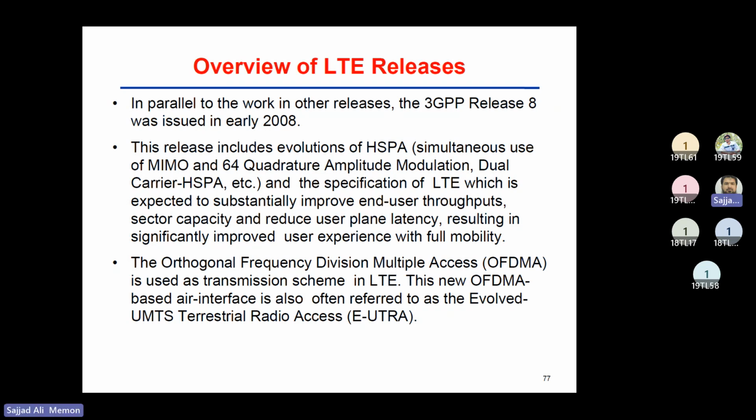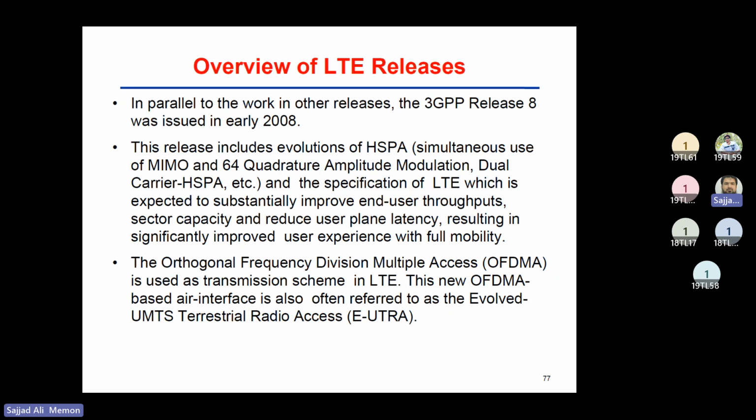So there were some changes made in LTE with respect to 3G. In 3G, we had WCDMA, whereas in LTE we had OFDMA, that is orthogonal frequency division multiplexing, used as a transmission scheme in LTE.